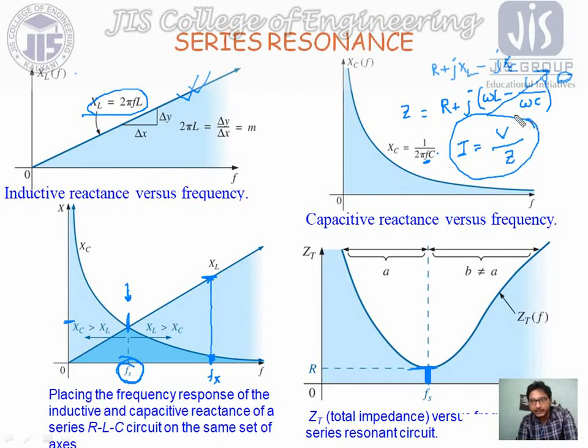That will obviously be maximum, because I is equal to V by Z. If my V is constant and we change Z, our I will change based on Z. When the impedance decreases, our current increases, and when the impedance is minimum, our current will be maximum, and after that when the impedance increases again, the current will decrease. So we are getting these types of characteristics for the current.